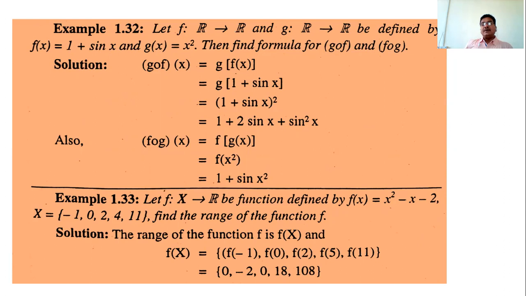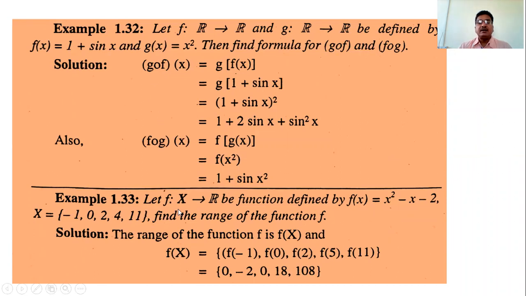Addition is also commutative: 2 plus 3 and 3 plus 2 both are same. But subtraction is not commutative. 2 minus 3 and 3 minus 2 are different. Like that, composition of two functions is not commutative. This is the counter example to justify that the composition of two functions is not commutative.